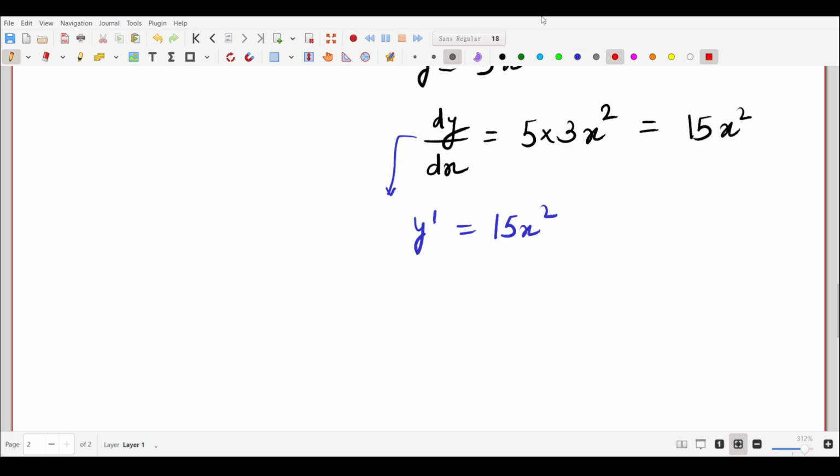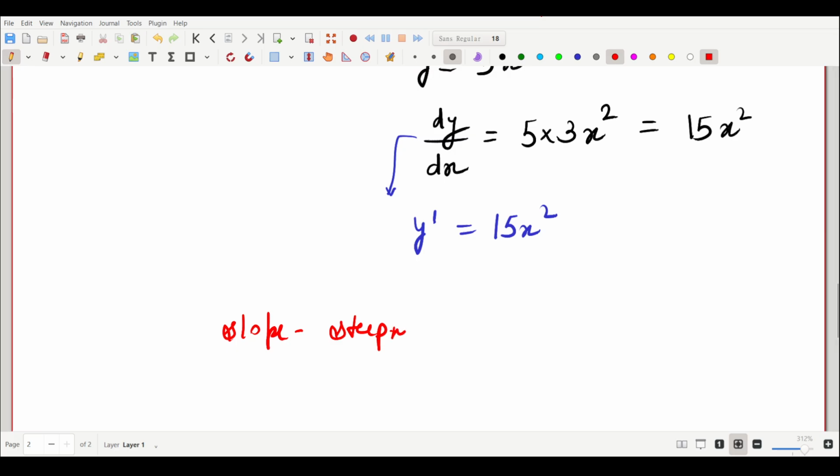Now I'll tell you one thing, that dy over dx, the differential, is a tool for what? For finding the slope. If you remember, in coordinate geometry we have seen slope, steepness. Slope tells us how steep is the line, how steep is the curve. For example, mountains are very steep, plains are less steep.